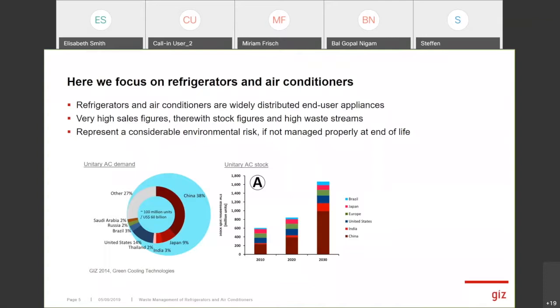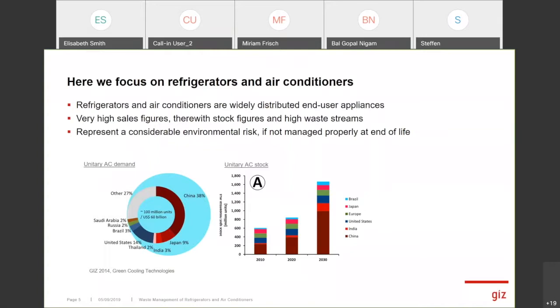The left one shows the unitary AC demand globally, and what we can see is that two thirds of the global unitary air conditioning market is based in Asia and Southeast Asia, and the rest is distributed in Japan, Saudi Arabia, Russia, Brazil, United States, and others.